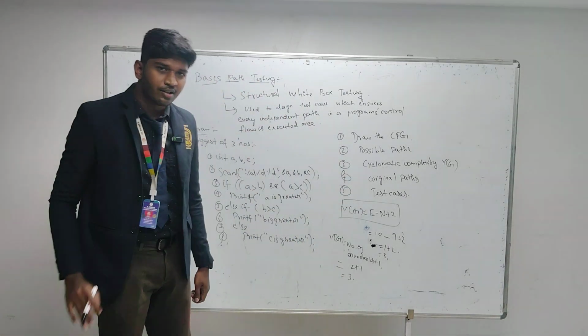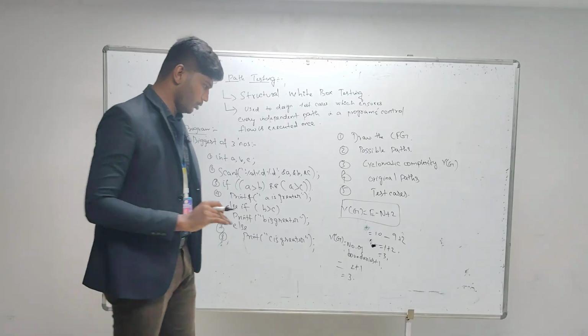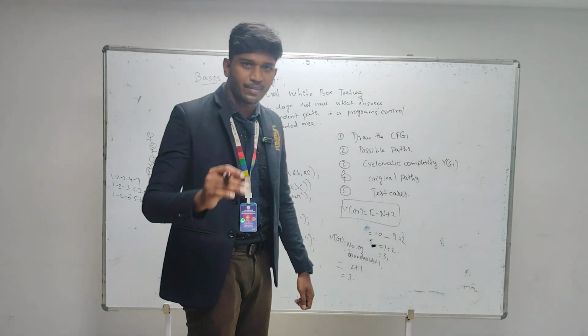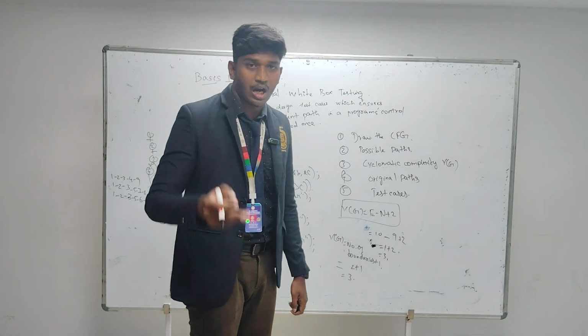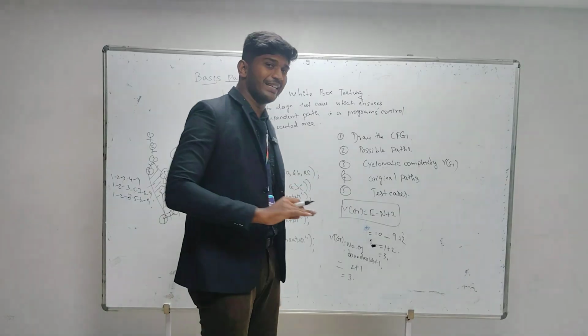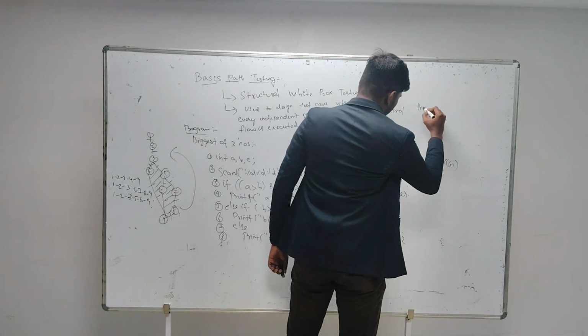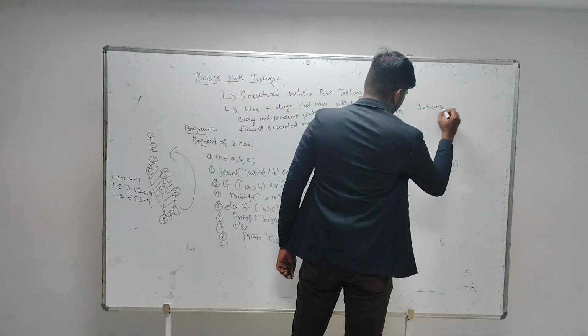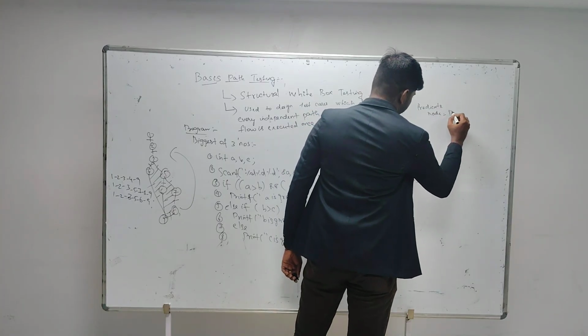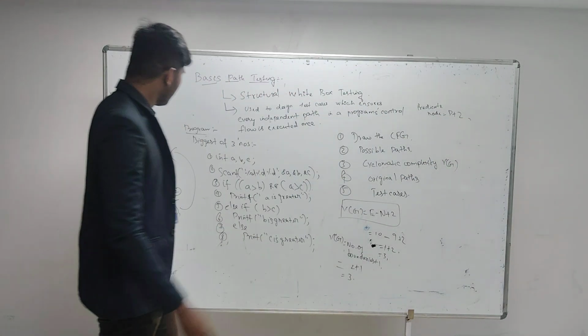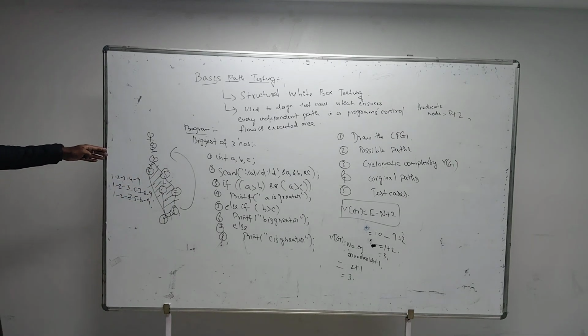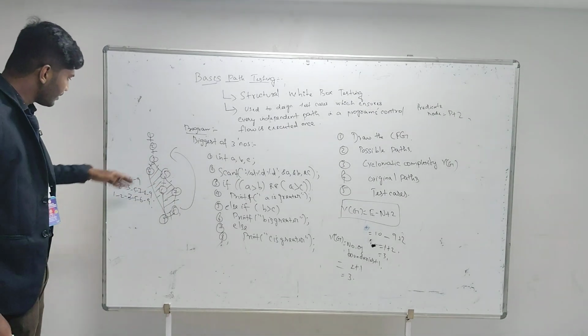And after that, you have to derive how many predicate nodes. So predicate nodes means if you have more than one outgoing edge from a node in this graph, then it is considered a predicate node. So predicate node is P plus 1. Okay, so you have to check whether there is any additional edge in this node.